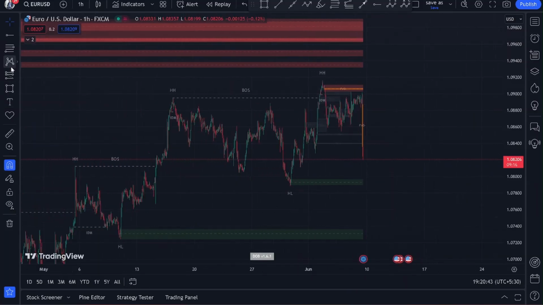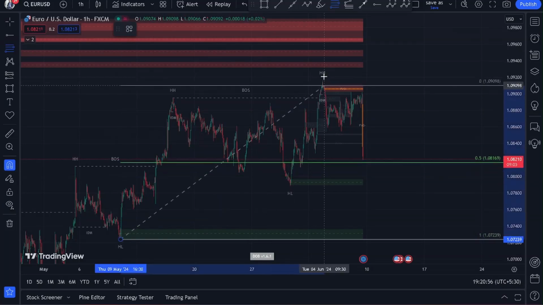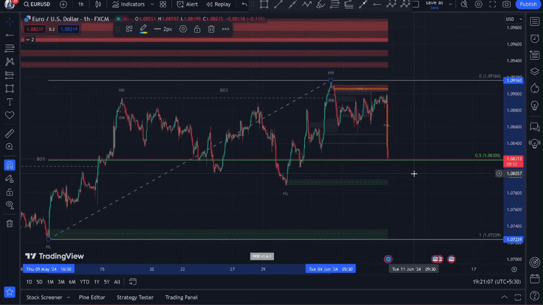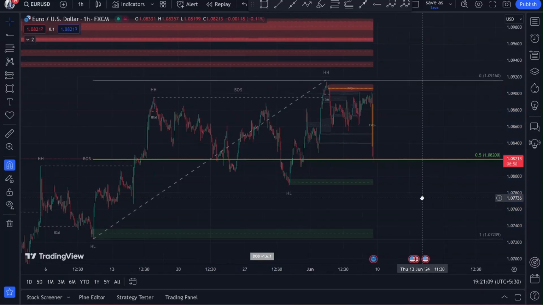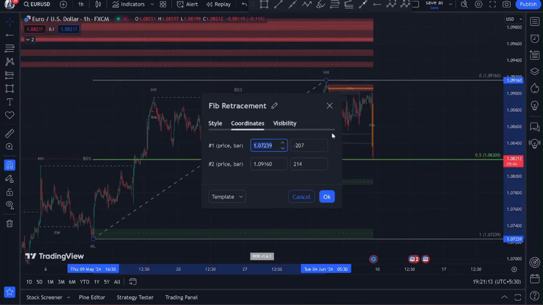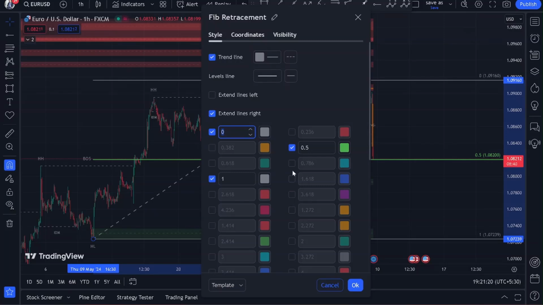If we mark these levels, so this was a previous break of structure, and this was a recent break of structure. So if we mark a fib from here to here, the price is currently trading at 0.5. But where the pressure looks heavy, we're going to add a 0.7 level over here.